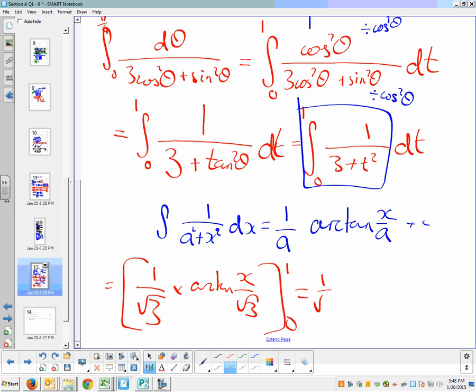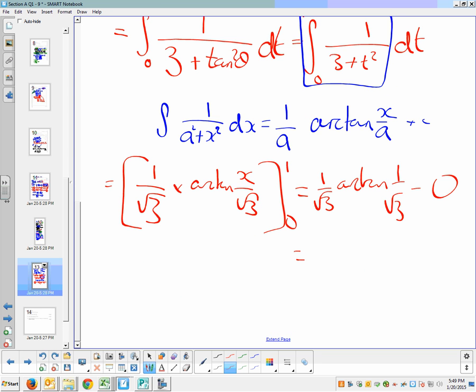It's 1 over root 3 arctan 1 over root 3 minus 0, which is 1 over root 3, arctan 1 over root 3 is pi by 6. Which is pi over 6 root 3.